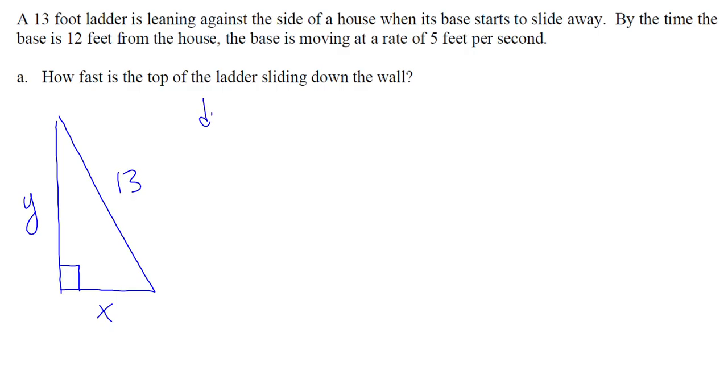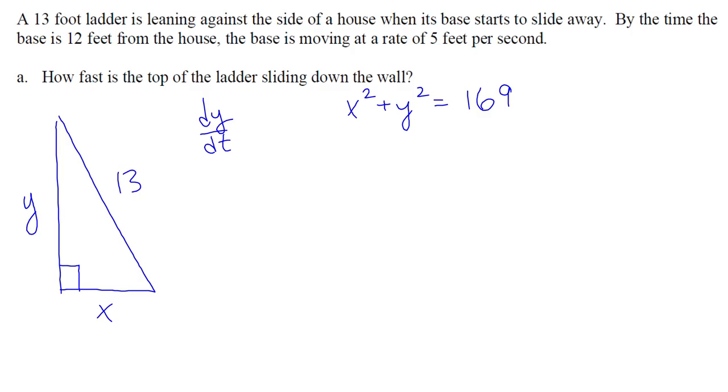So that's a rate of change of dy/dt, right? And so when we do this, we are going to end up using the Pythagorean theorem, because that's what we've got here. We've got x squared plus y squared is equal to 13 squared, or 169.